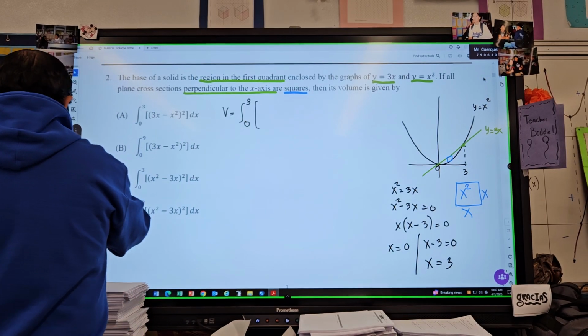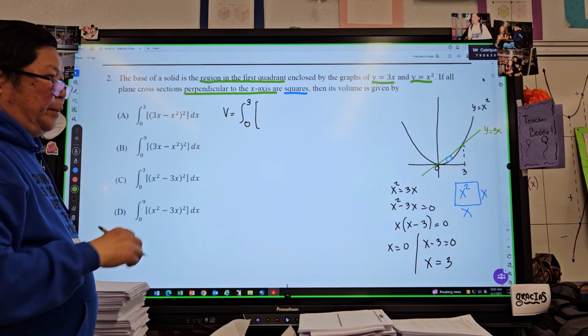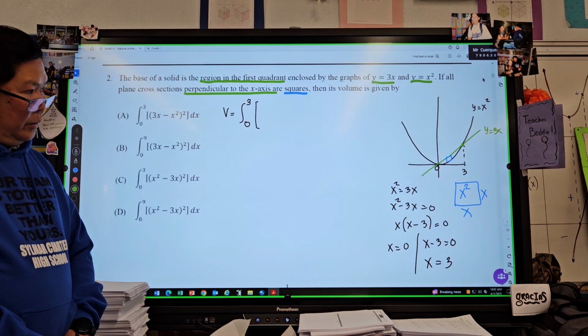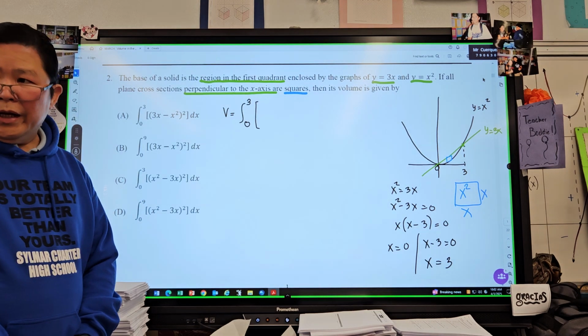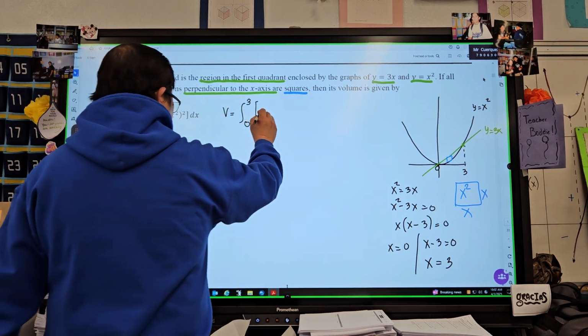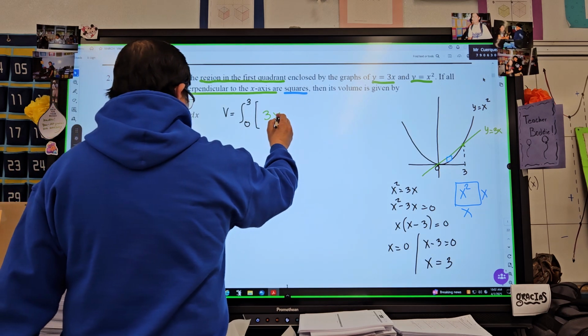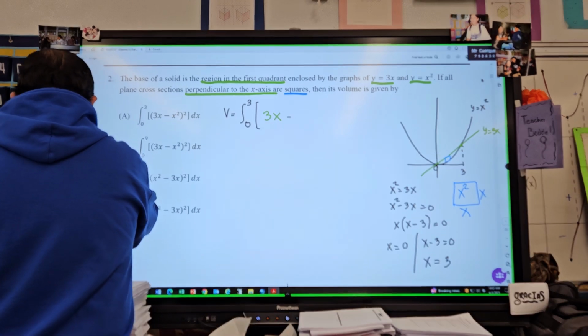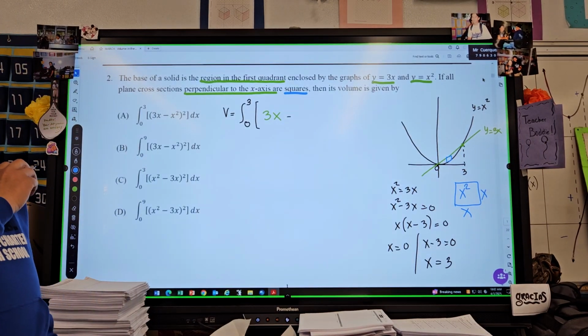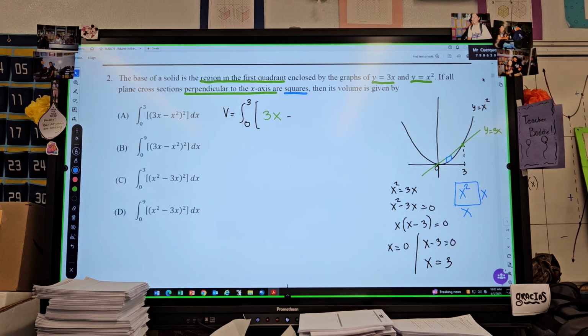Our upper limit is the green color, which is 3x, minus, what is our lower limit? The black color is the lower limit, which is x squared.